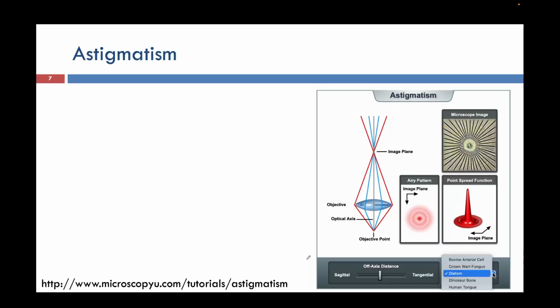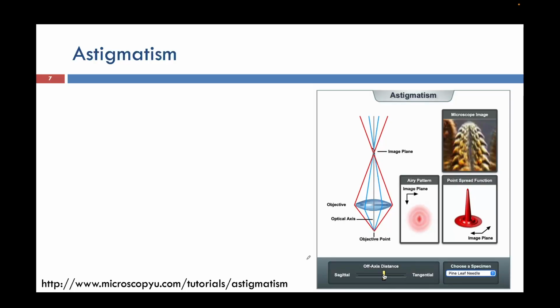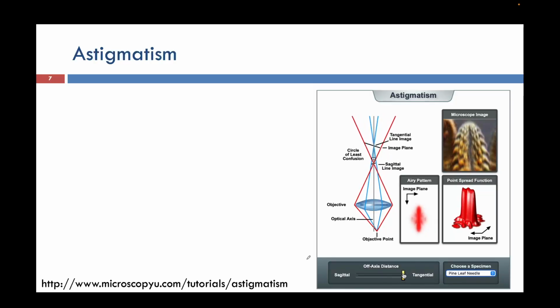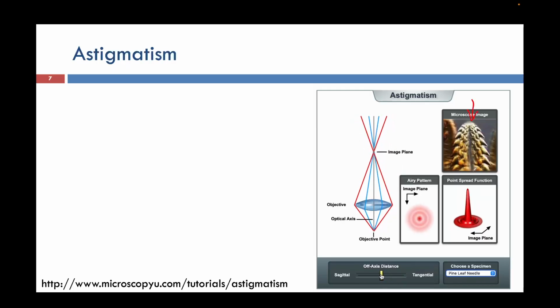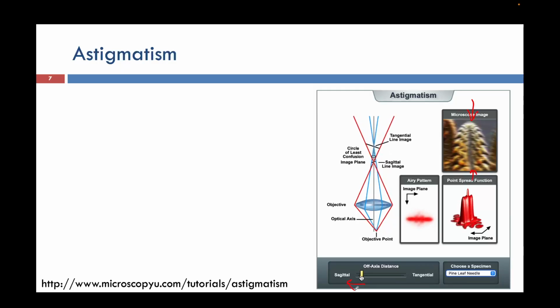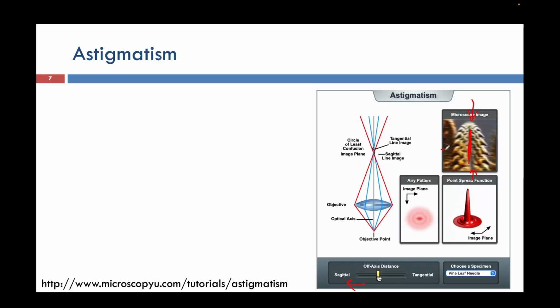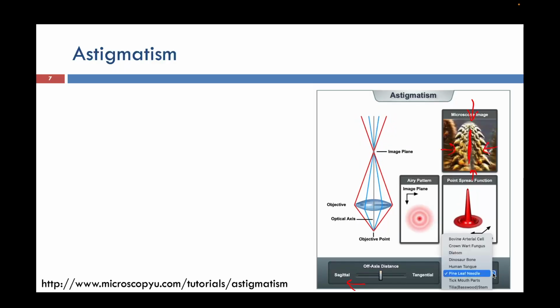Okay, we will see another one, of the atom. So let's see here, when my object is moving towards the tangential mode, you can see all the radial distance in this way I can see. And when I am going towards the sagittal plane, this is completely getting blurred, and this is clear.